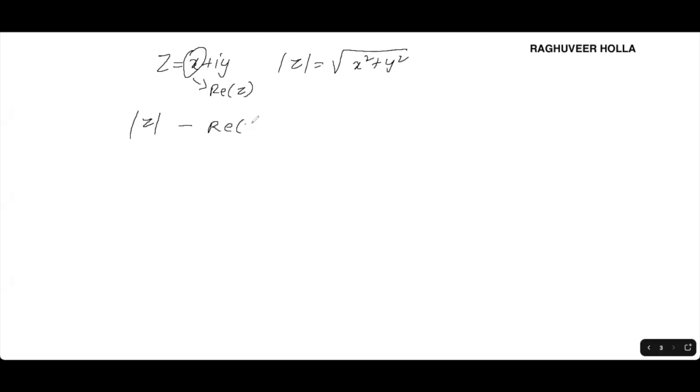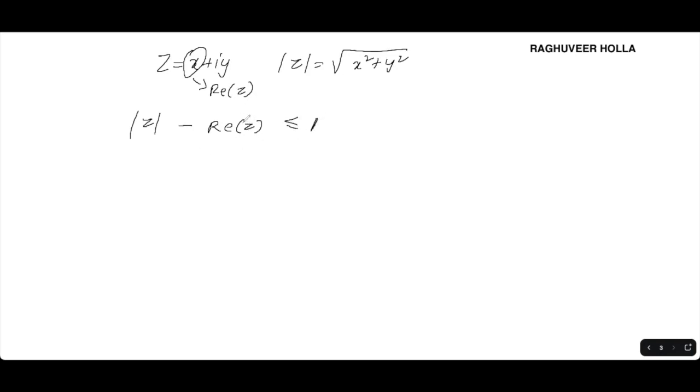So we know z is x plus iy, which is a complex number. So mod z will be the square root of x square plus y square, right? And we know the real part of z will be x. Given that mod of z minus real part of z is less than or equal to 1, which is given.